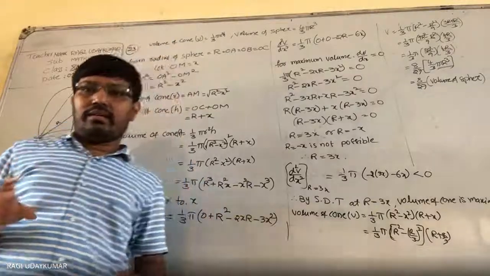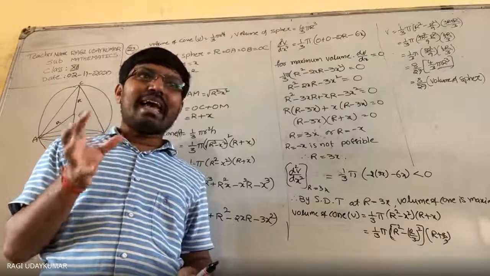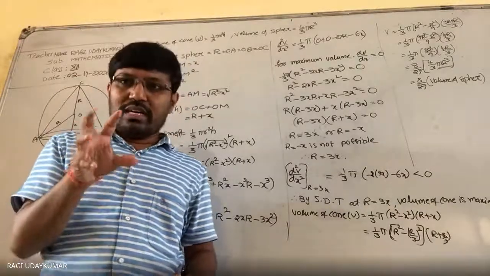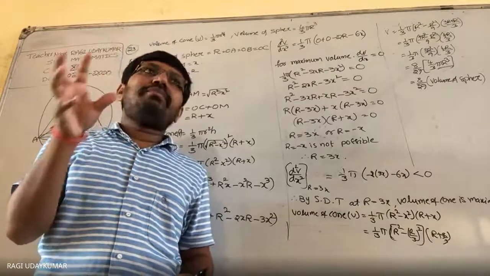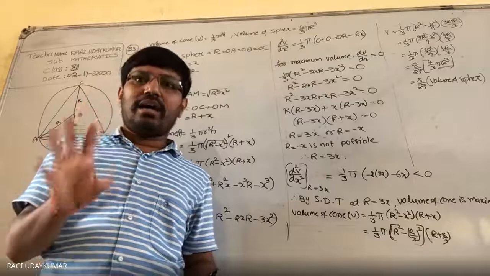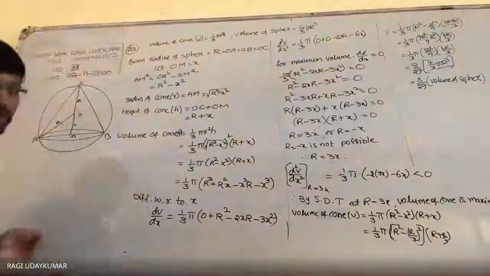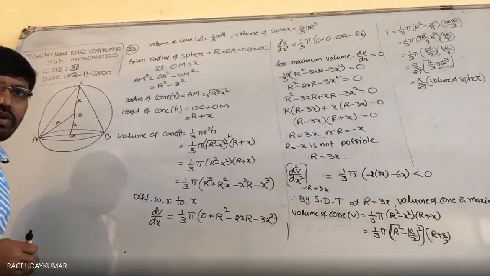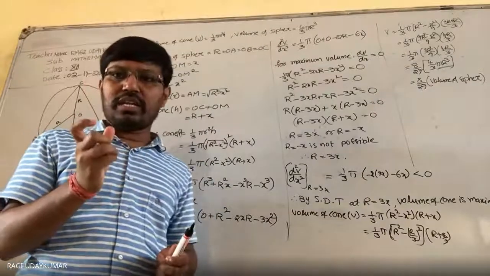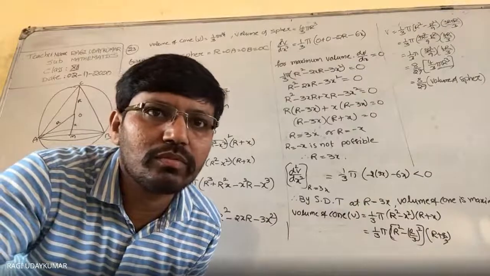Prove that if the largest cone is inscribed in a sphere of radius R, then prove that the radius of the cone, since here R is equal to 3x also, x is what we have assumed. So don't try to remember the question blindly. Even if something is changed, you should be ready to answer it.